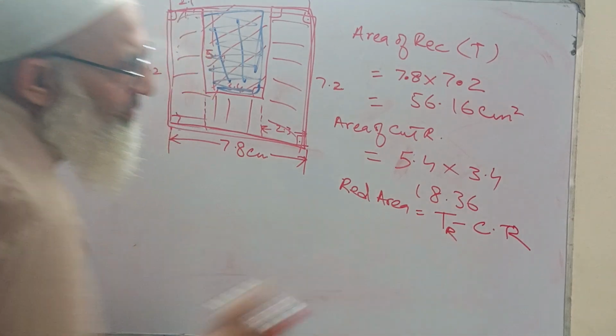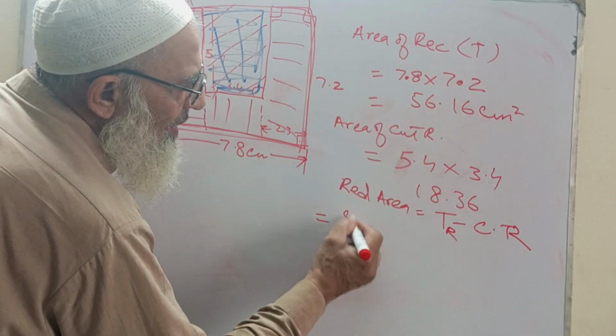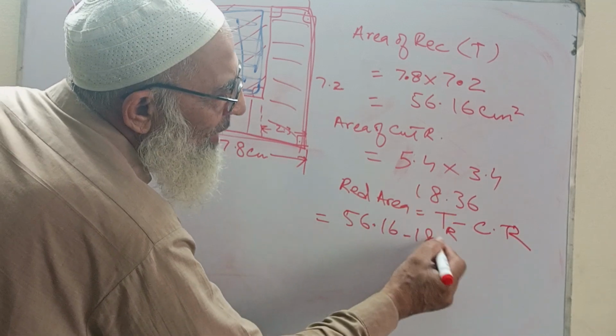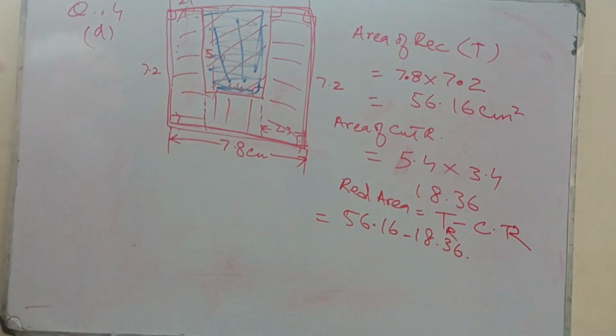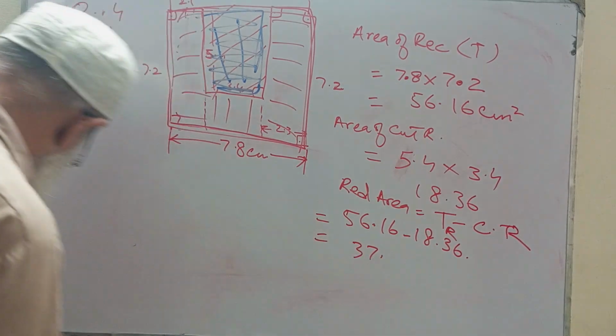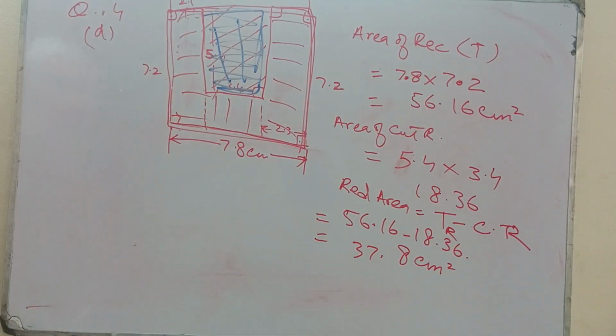Now this is 56.16 minus 18.36. It will become 37.8 centimeters square.